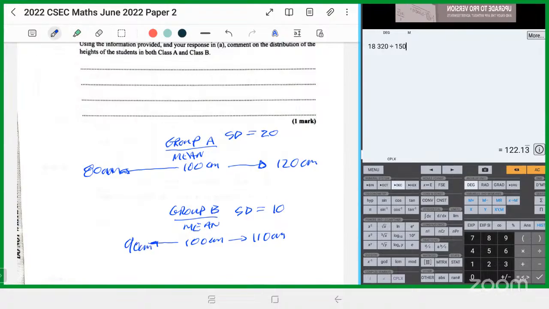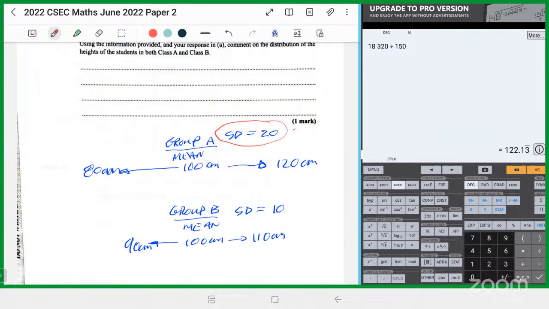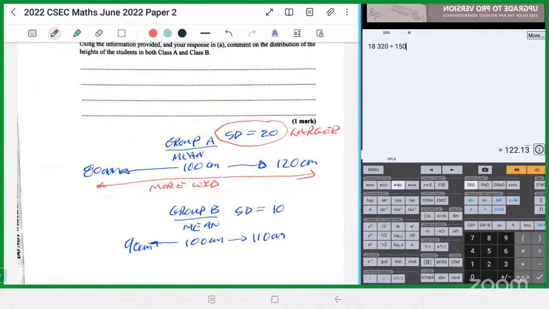So you see, from this little illustration, when the standard deviation is larger, it means that the data is more widely spread from the mean.